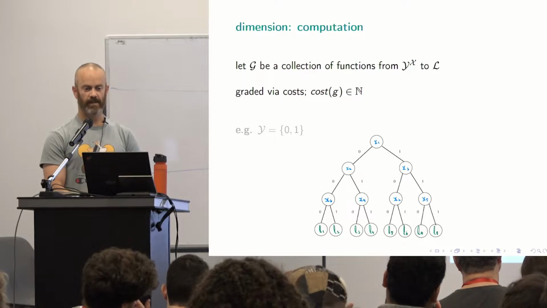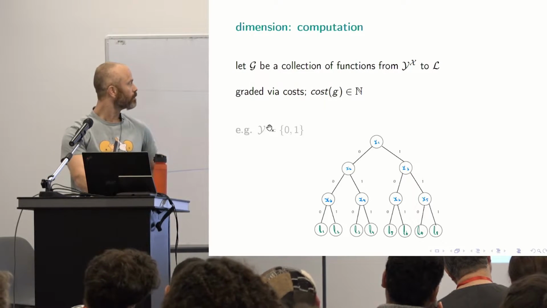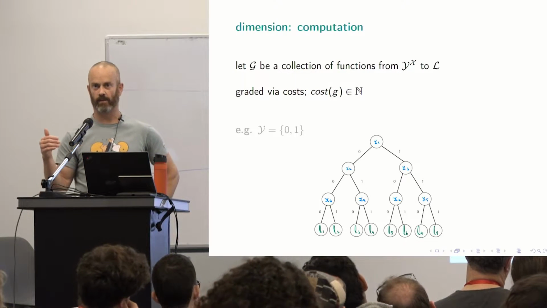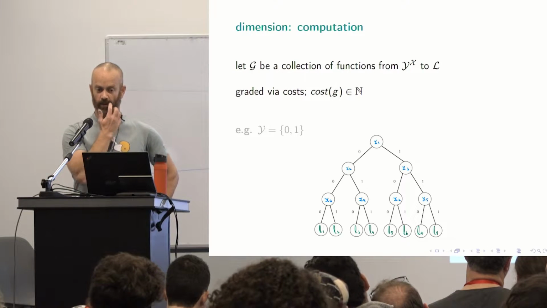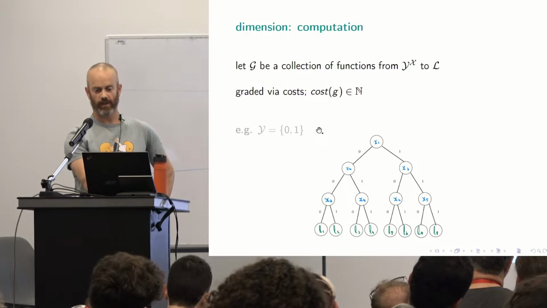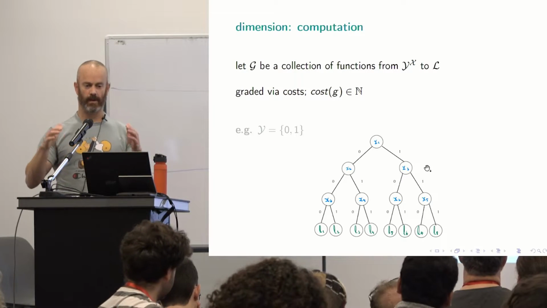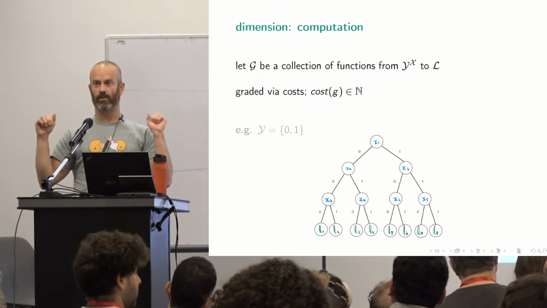A specific example, when Y, can you see this? Yeah. When Y is just 0 and 1, we are just looking at binary classification. A specific collection of functions is the collection of full decision trees. Decision trees, so that every vertex has either 2 vertices going out or none.